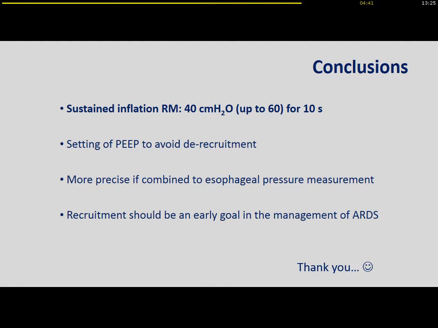Yes, but my question is, when we recruit the lung enormously, at the same time we are increasing the pulmonary vascular resistance. I'm speaking about patients in whom we have massive recruitment with high levels of recruitment maneuvers. And we don't observe this in patients where we don't recruit the lung.